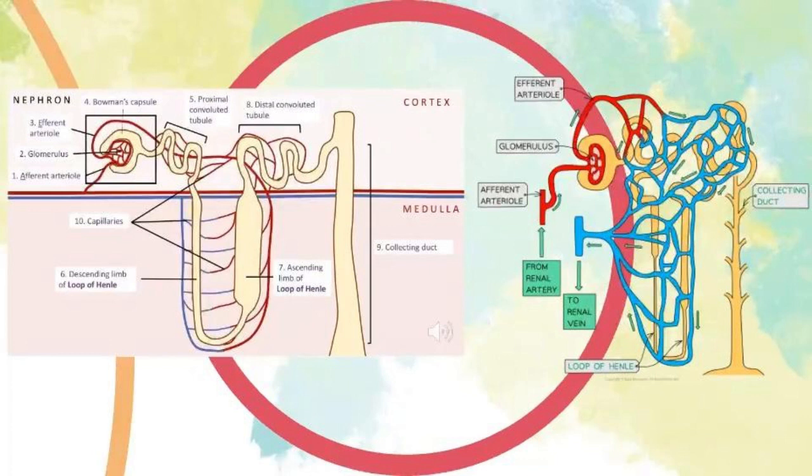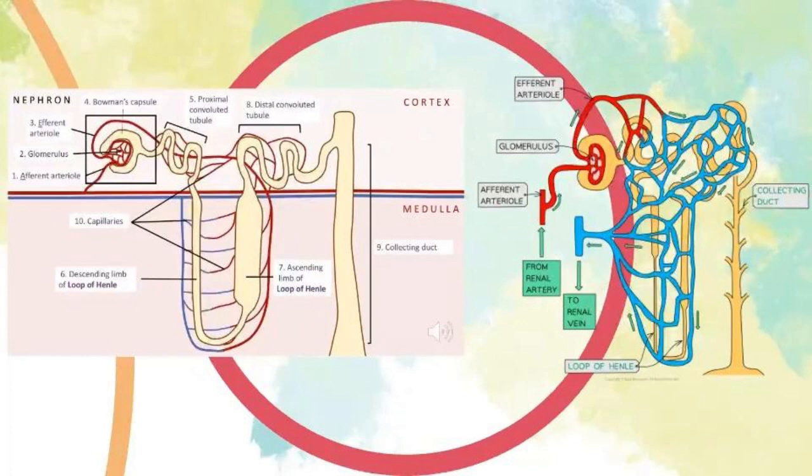So when you look specifically at this diagram of the nephron, let's just go through a couple of the basic structures. I want you to first notice that what we have is two different systems intertwining.